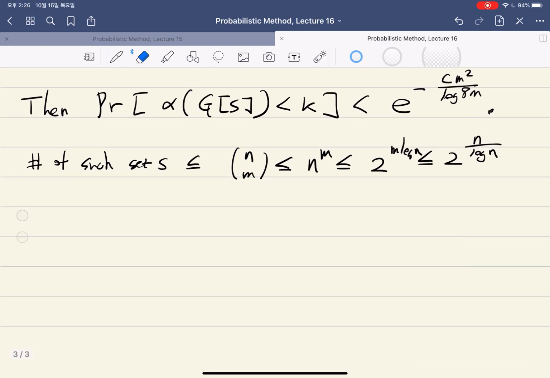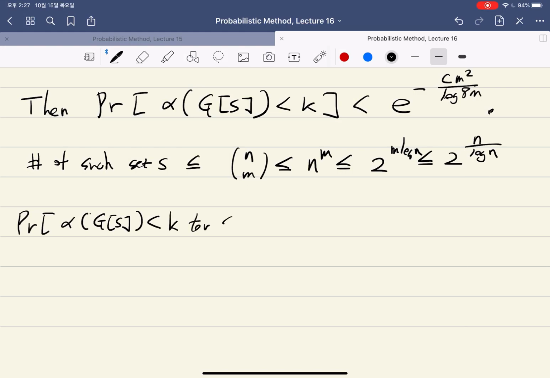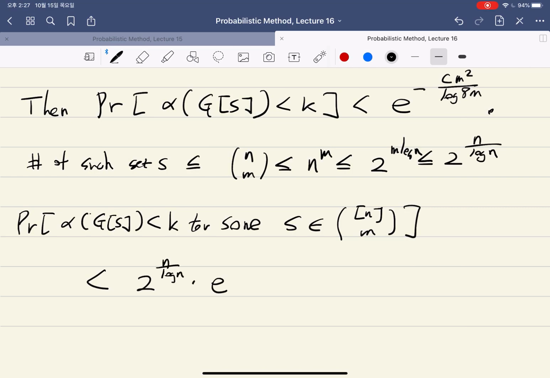We take the union bound: the probability that alpha of G[S] is smaller than k for some S of size m is at most this many choices of S, each with probability e to the negative c m squared over log 8m.